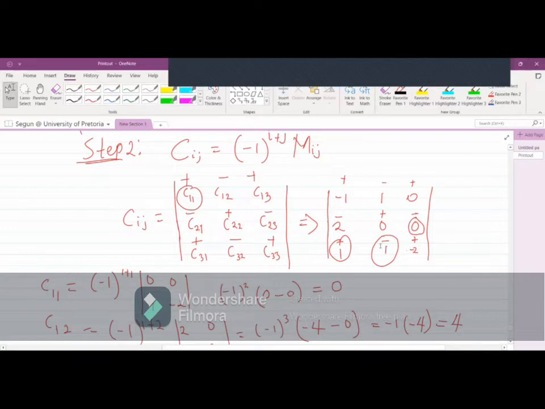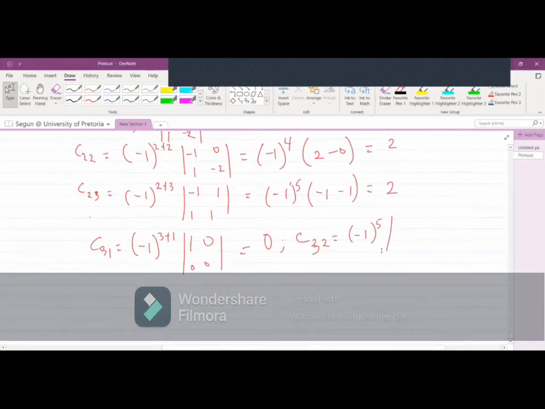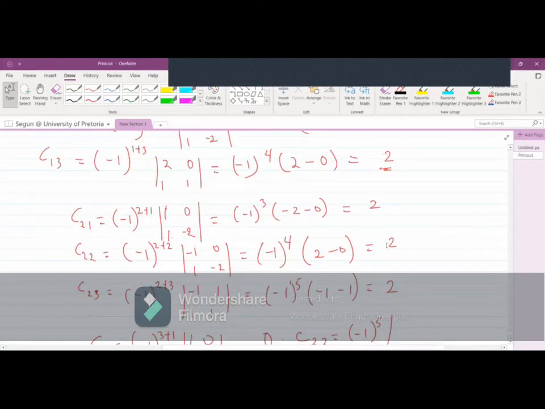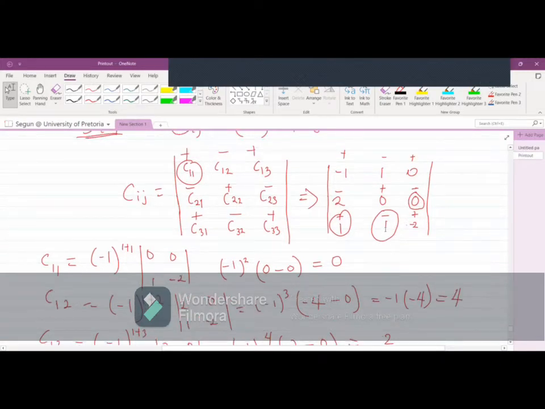I've told you, this is not determinant. Okay, sir. That is the difference between determinant and the cofactor. So here we have C23, C32. So you pick, this is the one, the row will cancel, the column will also cancel. Remain what?